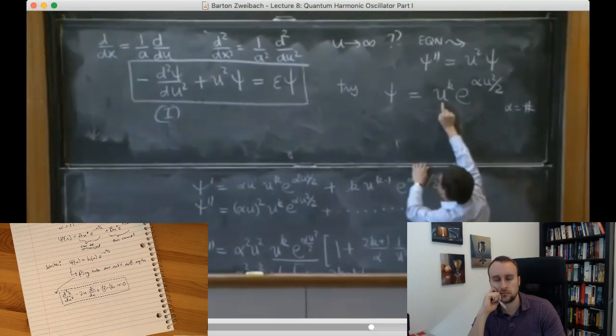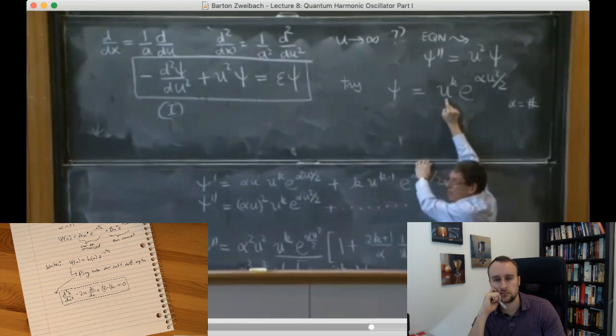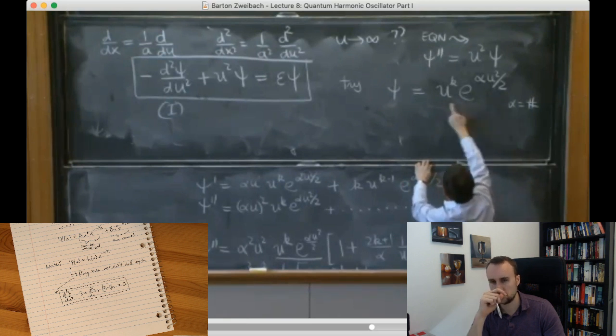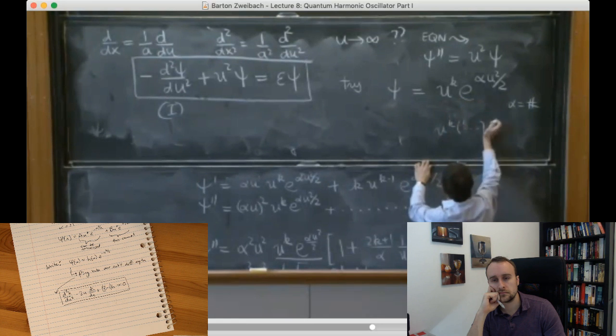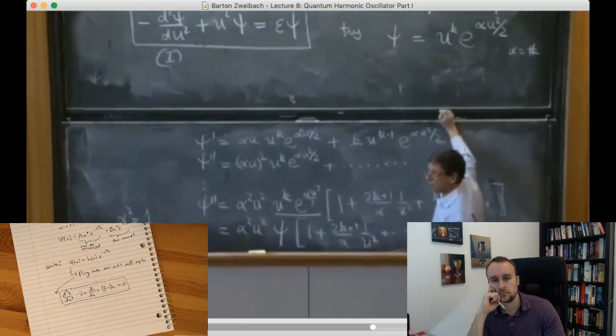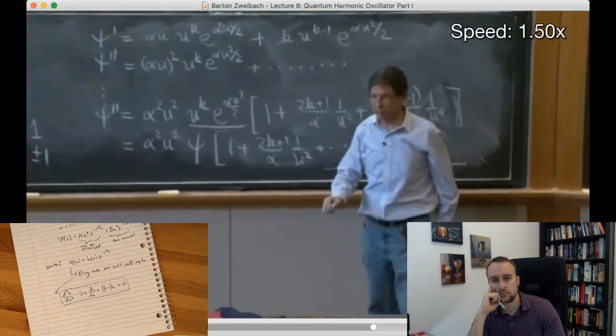So I actually don't know that the function near 0 is going to behave like u to the k. We really don't know. It suggests to you that maybe the solution near 0 is u to the k times some polynomial or something like that, but it's not that, because this analysis was just done at infinity. So we really have no information still about what's going on near 0.